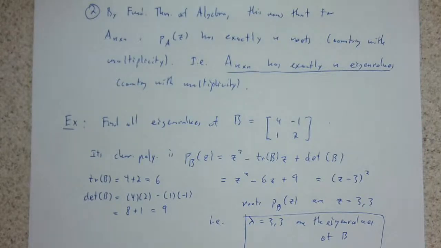Thus, the eigenvalues, counting with multiplicity, is 2 eigenvalues, but it's really a single eigenvalue that's a double root of the characteristic polynomial. So this is an eigenvalue of multiplicity 2. So that is how that works. Okay, so the only eigenvalue really is 3, but it occurs as a double root. Okay, so it counts as 2.